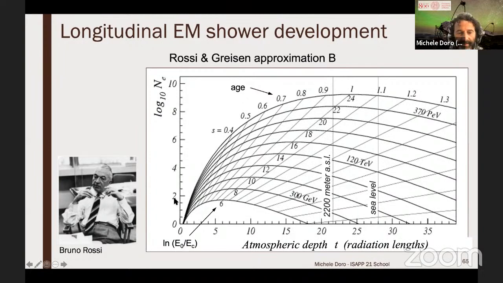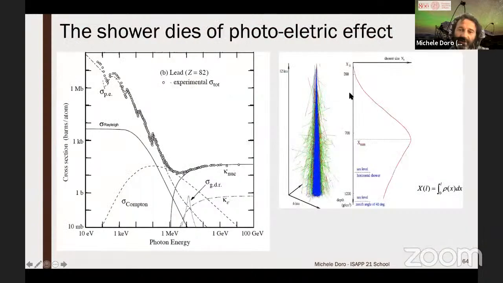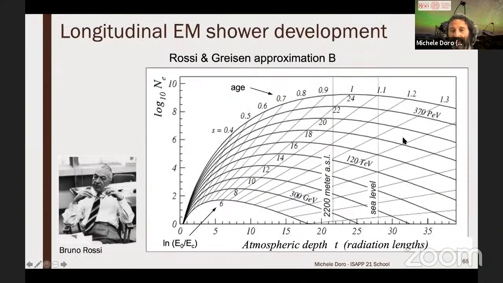So look here at the number of electrons, in logarithmic scale, produced by a primary particle as a function of the atmospheric depth, in radiation lengths. You start with few particles and then you go up until a maximum. The maximum is this one here. Then you start to decrease.